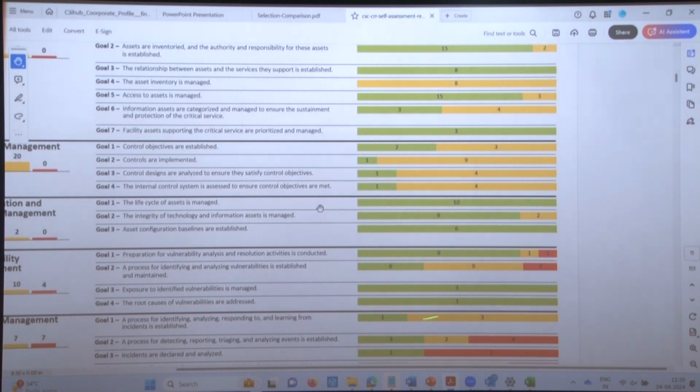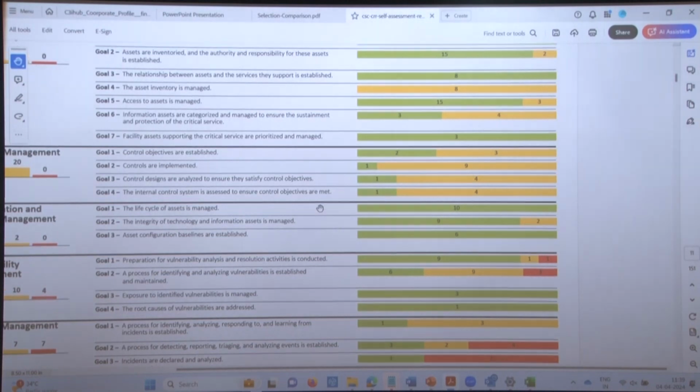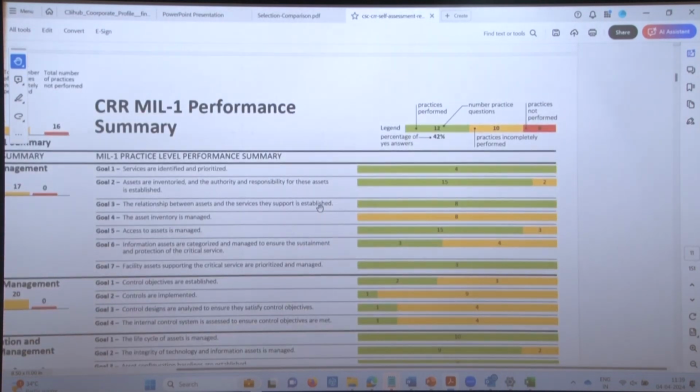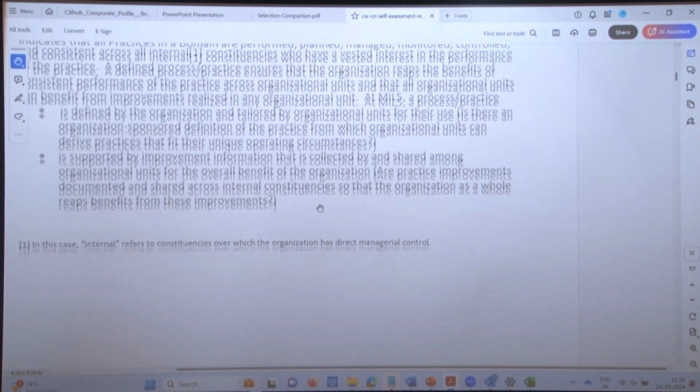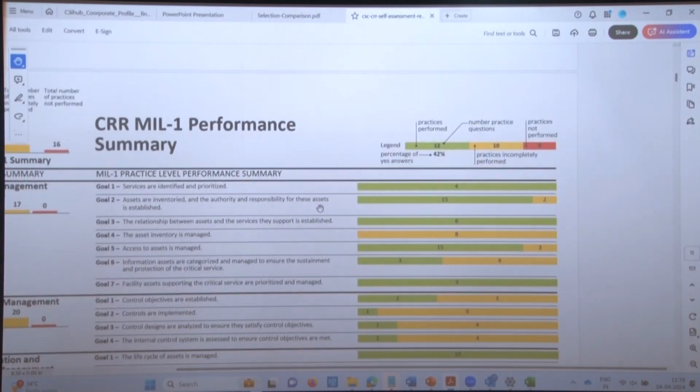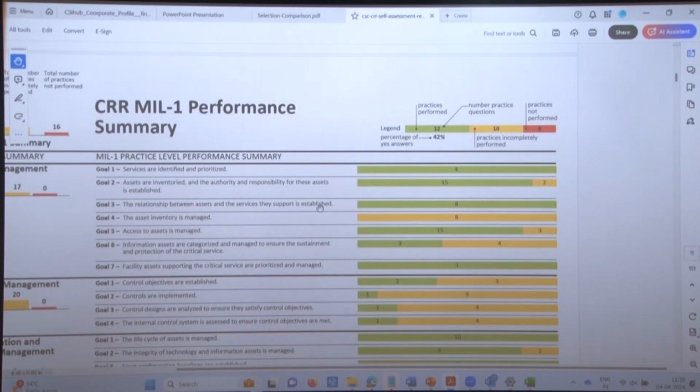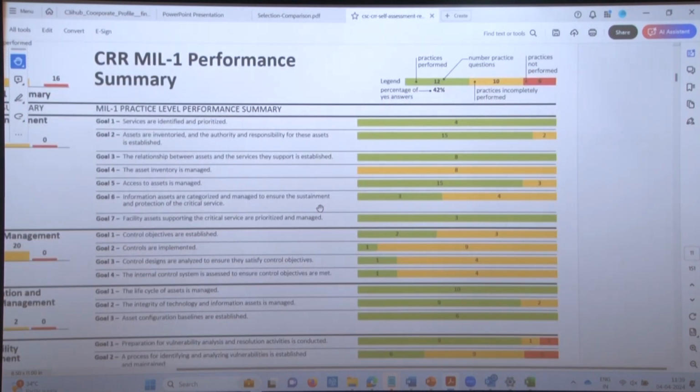Now I have situational awareness, I get the idea that it is in a real bad shape, so I have to do something about it, but it is not a low hanging fruit. It probably will require a lot of activity, budget, buying an expensive SOC and all that stuff. And then if you look at this one, this also requires a lot of work. So I have to decide where I should start.